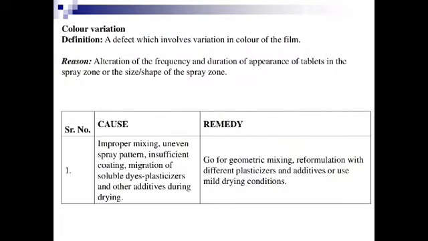Then color variation, which we have already seen as mottling, is a defect involving variation in the color. This is because of the selection of the color, which may be either not water soluble or sometimes water soluble. So the mixing has to be proper.